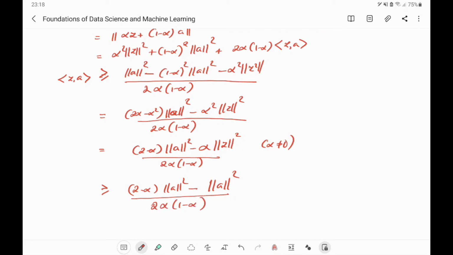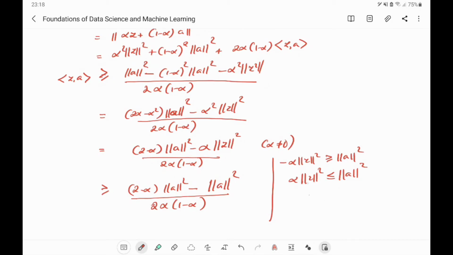Two alpha into 1 minus alpha. This is what I want. But if I want this, then what am I saying? I am saying that I am lower bounding minus alpha z squared by norm of alpha square, or, right, this alpha z squared I am upper bounding by a squared, right?